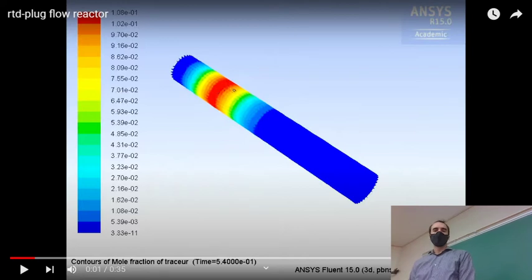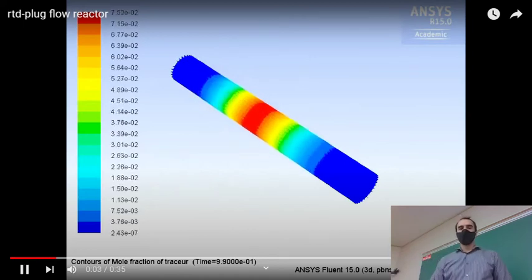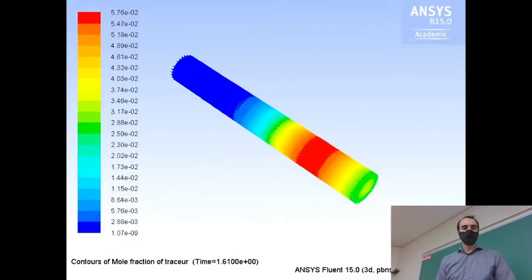It would just be that plug going through. That's our plug flow reactor. We're treating it as if everything inside that little bit is mixed, but it's not mixing with the neighboring water, okay? In this case, we do see some mixing by diffusion. There's some diffusion that's occurring as that non-ideal case.